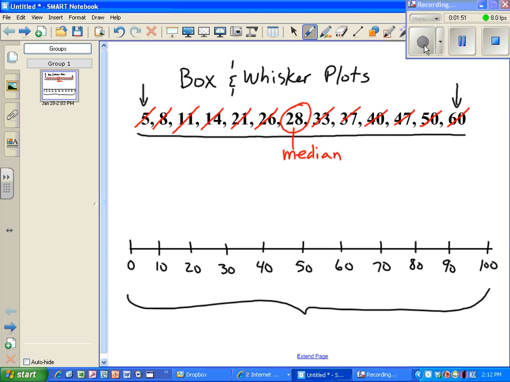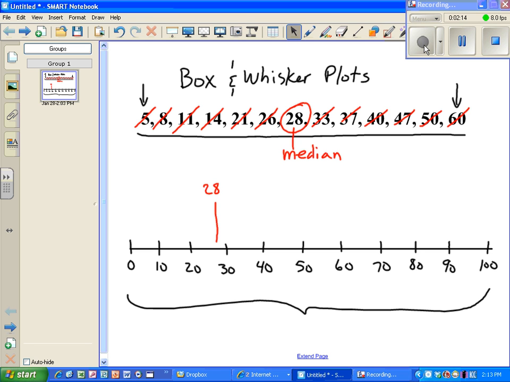Now, if there happened to be two numbers left in the middle, we would need to find the halfway point between those. On our graph, on the number line, we're going to find the number 28, and we're going to just kind of estimate. It's right about here. I'm going to draw a line at 28. I'll mark the number up here just so that we can tell what it is, since it's not exact on a number.